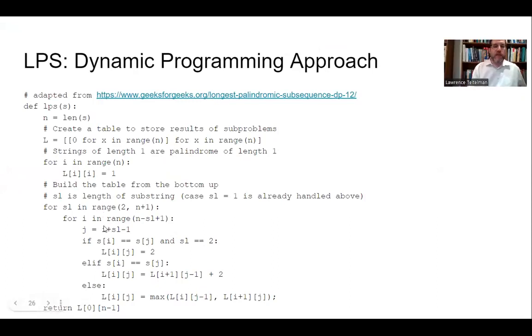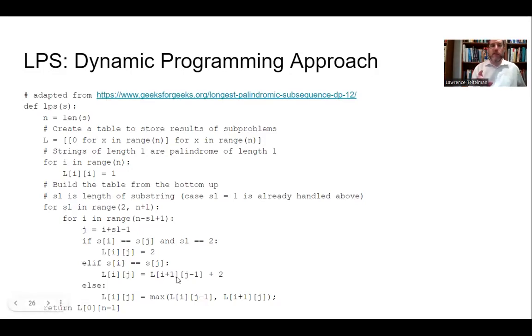And we say as follows: if the two endpoints are the same and the length of the string is 2, then that's just going to be 2. If they are the same but the length is greater than 2, then we get 2 plus whatever we could do without using those 2 characters. We use those characters and see what we could do so far with the middle.